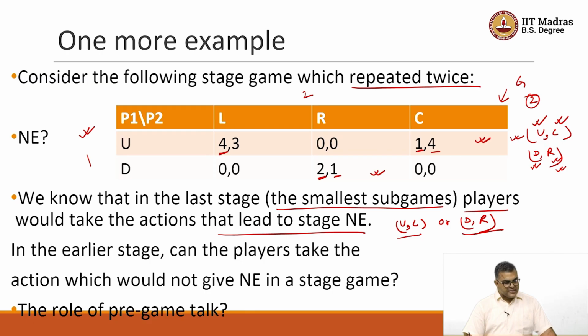Now the question is, in the earlier stage, can the players take actions which would not give a Nash equilibrium in the stage game? And that's where we will see that the shadow of the future, or reputation, plays a very important role. We will also explore the role of pre-game talk.